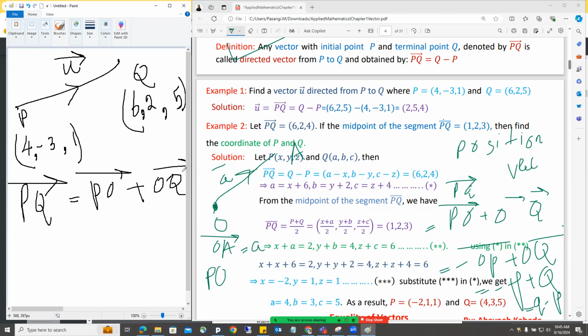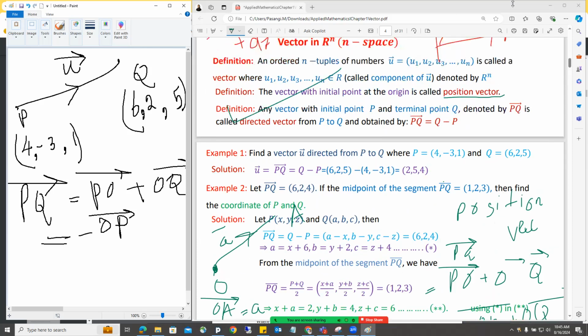Now what is PO? PO means actually minus OP, because I changed PO to the other way, so we can easily find the position vectors.